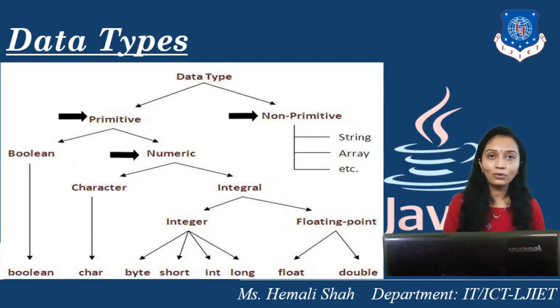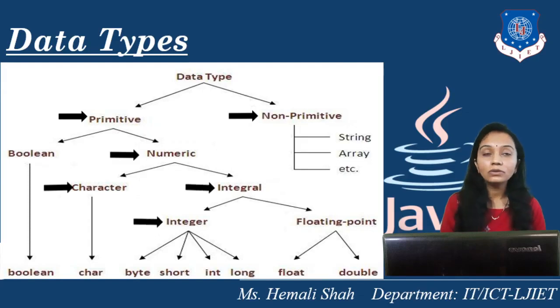The numeric value you can store either in the form of a character or in the form of an integer. If you want to store a character value, then char is the available data type, and if you want to store some numeric value, then it can be an integer or a floating point value.